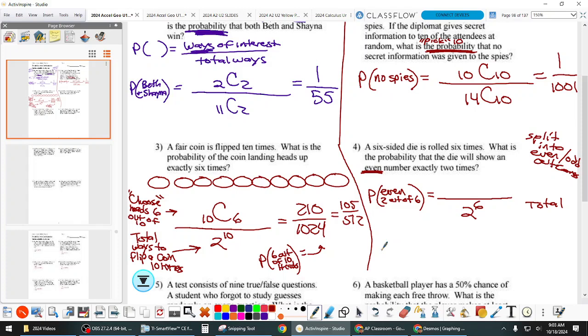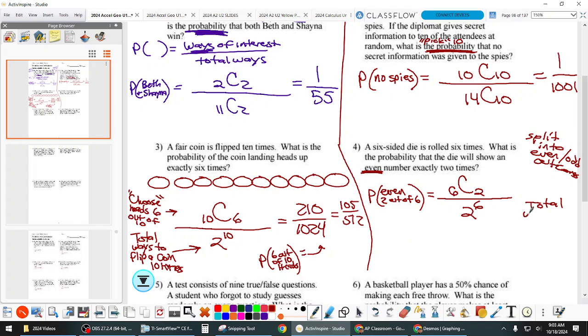Okay, how about the numerator? 6C2. Order doesn't matter, so we have 6 numbers and we're picking 2 of them. Okay? So what is 6C2? Actually, before you tell me, let's write this.